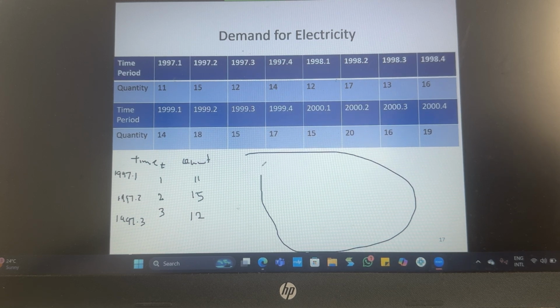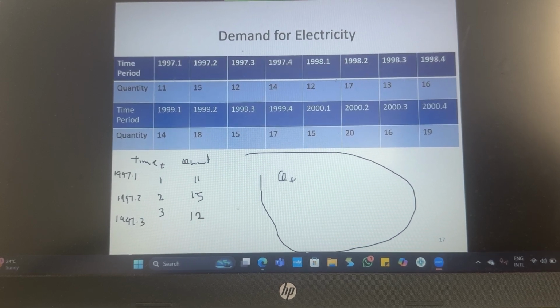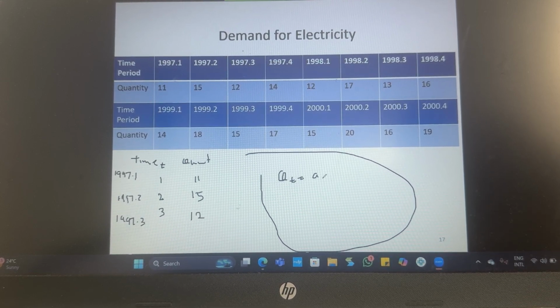And I want you to get this equation: Qt is equal to A plus BT. Get these two values. I think you can use your computer or the calculator to get these numbers. Can you do that? One or two, please do that, and then tell me the equation. I have already done this one, but rather than going straight to the estimated equation, it's better if you do it and get the equation yourself.